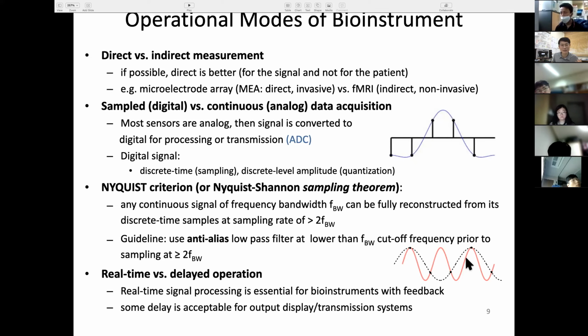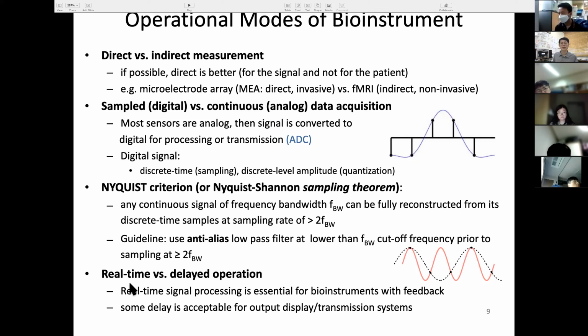Then if you want to reconstruct this with a sinusoid, you can end up with this dotted black curve, which is distorting the signal. It's not representing the original signal. So this is an example of aliasing, which happens when you do not meet this Nyquist criterion. I'll show this again in the next slides, but everyone should thoroughly understand this concept.